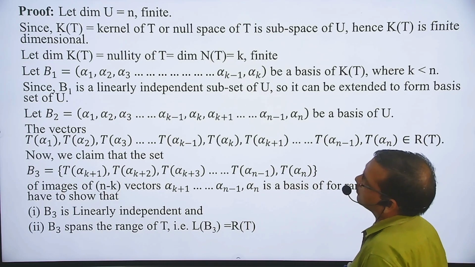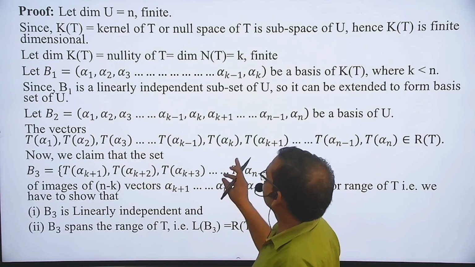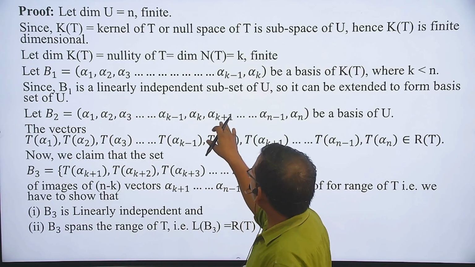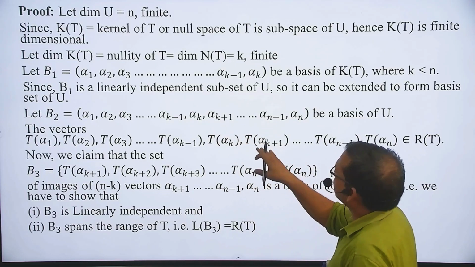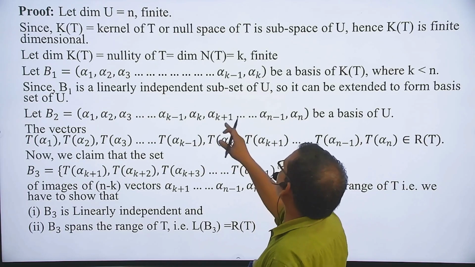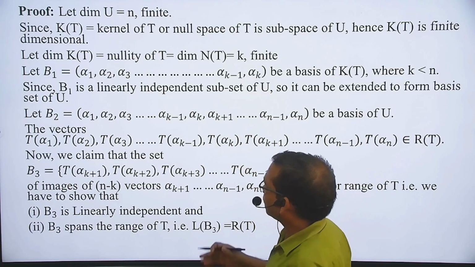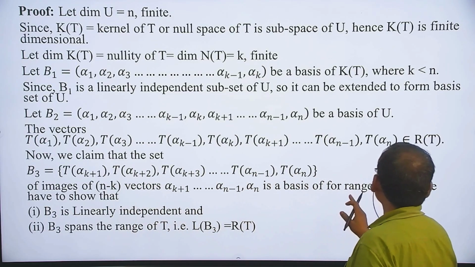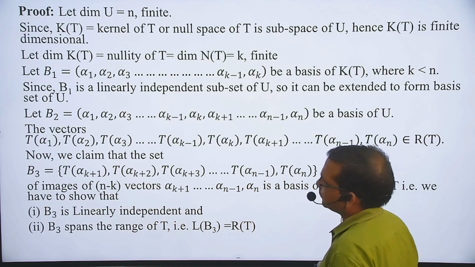To prove this, we will show that the images of the extra vectors added by us form the basis of the range space of T.